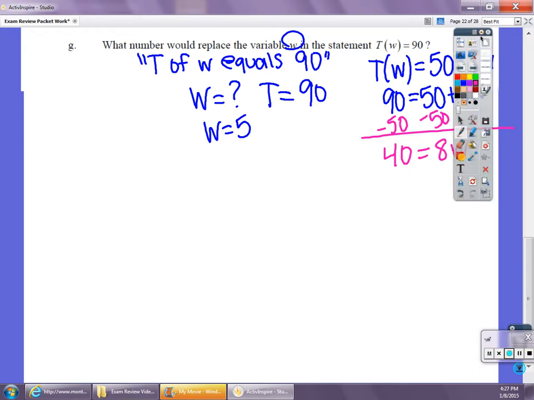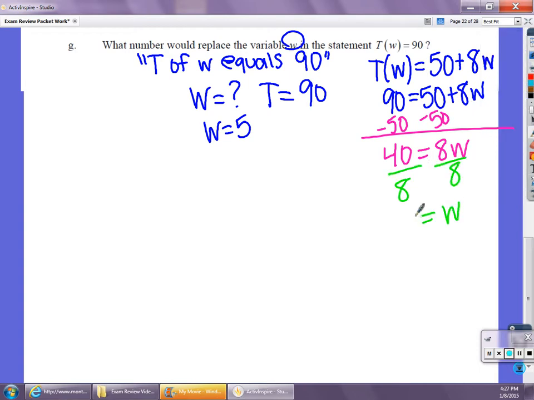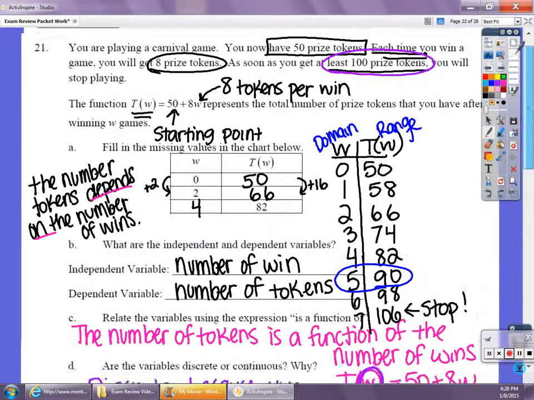When I divide both sides by 8, I get that W is equal to 5. Two different ways to solve the same problem. You can use a table, you can use the function, and we got to the same place. W is equal to 5. Okay, and that is going to wrap up question 21.